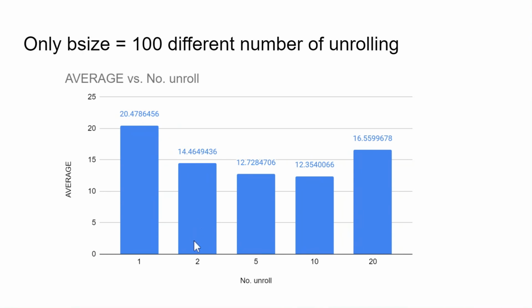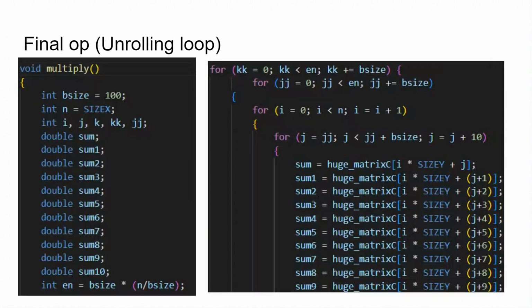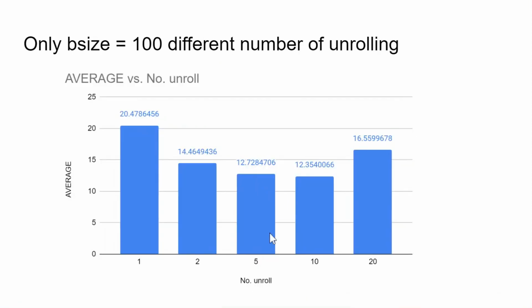And then we continue trying, and with unrolling of 5, we got 12.728 seconds, which is 2 seconds faster, which is also a good improvement. And by that I mean from sum to sum4. And then we try even more, so unroll of 10, and you can see here it's 12.35 seconds.